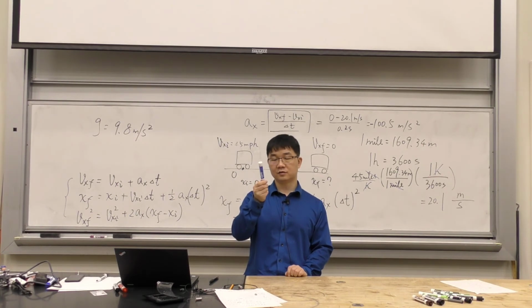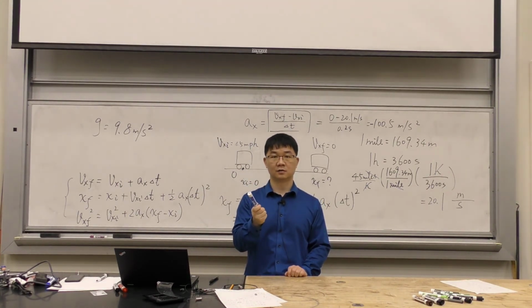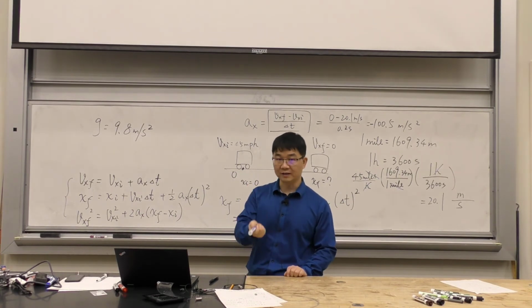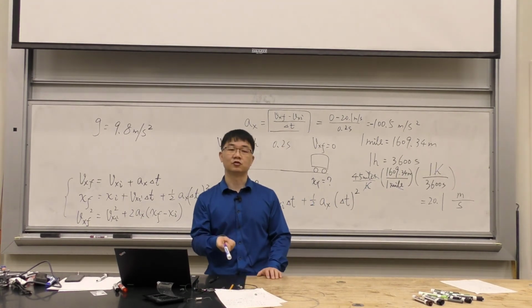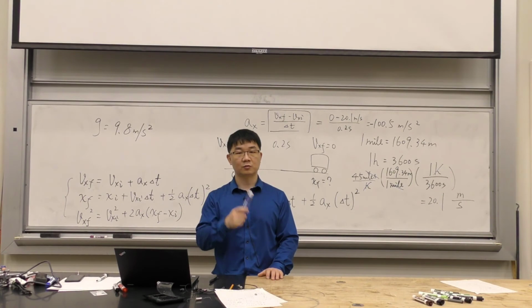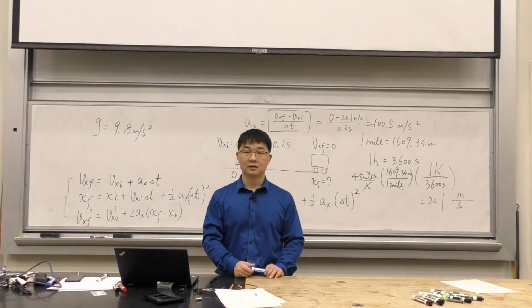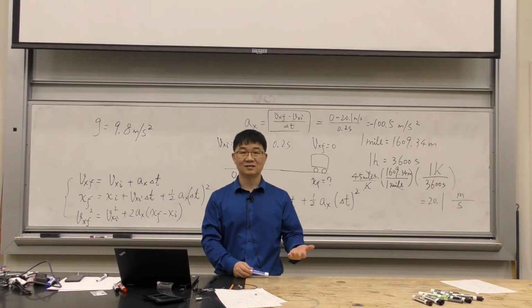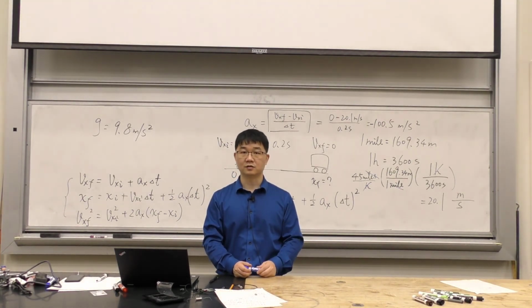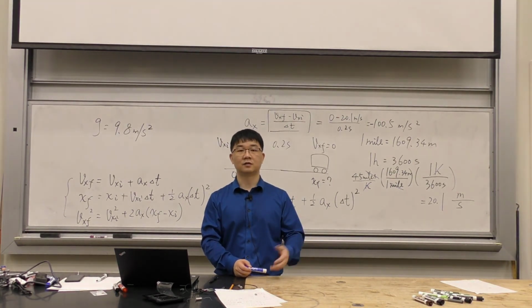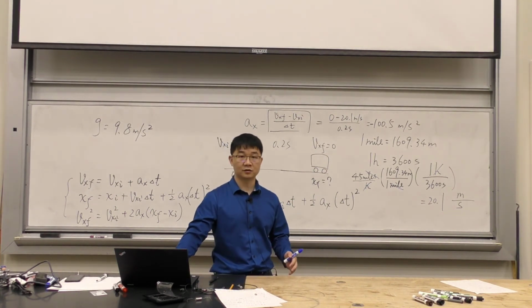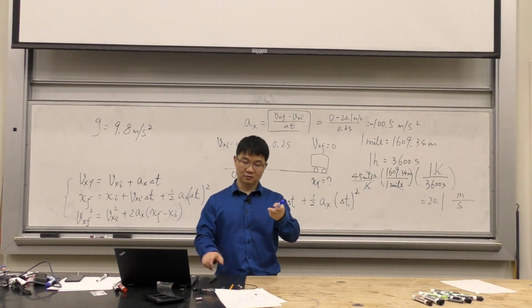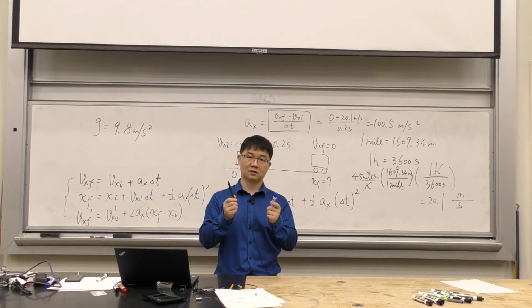Is there air resistance on the marker? Yes, there is. But compared to its own weight, its own gravity, it is negligible. For a piece of paper, because it's very light, the air resistance is comparable to the weight. So you can see the effect of this air resistance. It's going to slow down this piece of paper significantly. For this guy or this guy, we're going to do the calculations later.